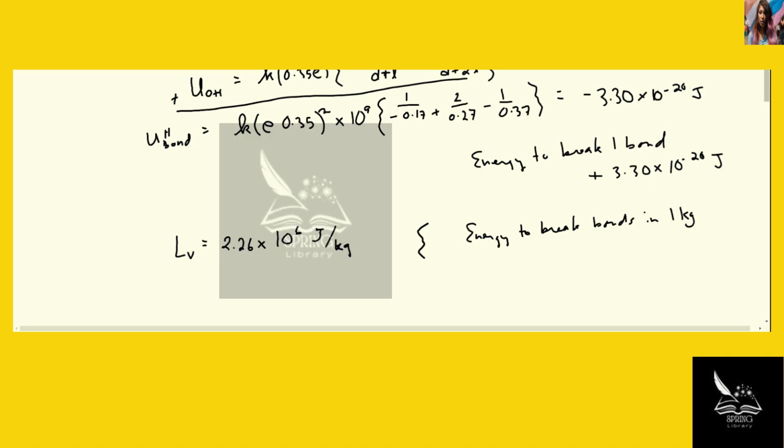So we're going to have to take the molecular weight of water, which is approximately 16 plus 2, 2 for the hydrogen, 16 for the oxygen, is approximately 18 grams per mole.